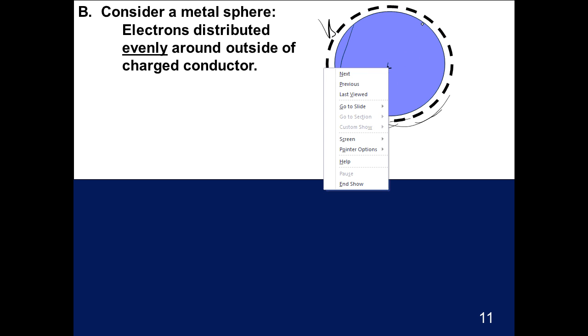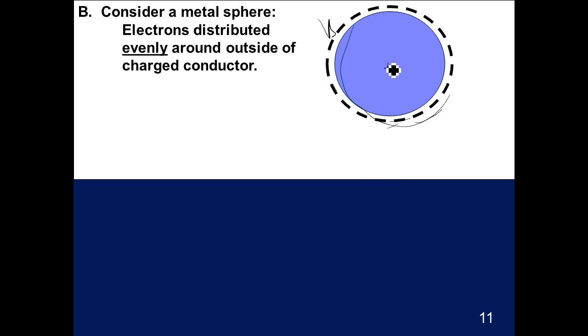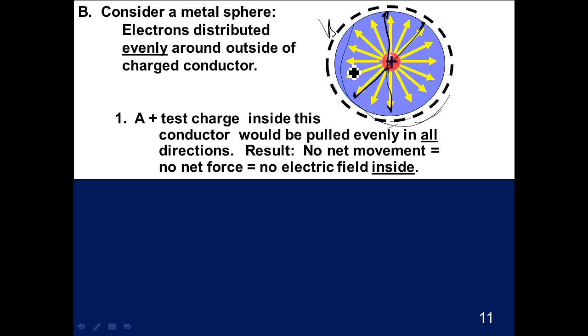It's going to be pulled this way, this way, and this way. Which way is it going to move? Nowhere, because it's like a tug of war. It's being pulled oppositely equally, so it's not going to move. If there's no movement, there's no force. So inside the car, there's no electric field.